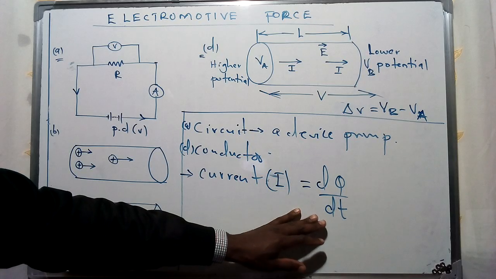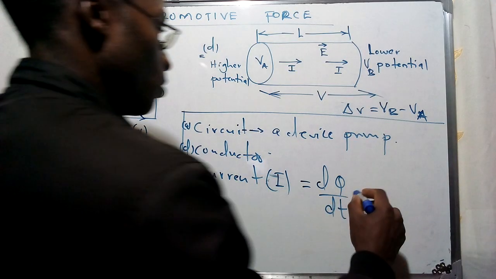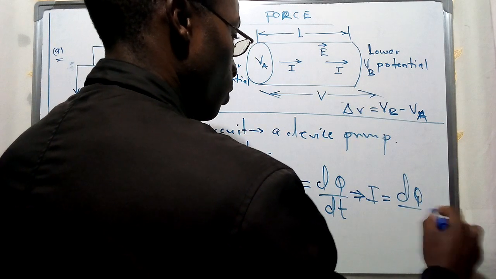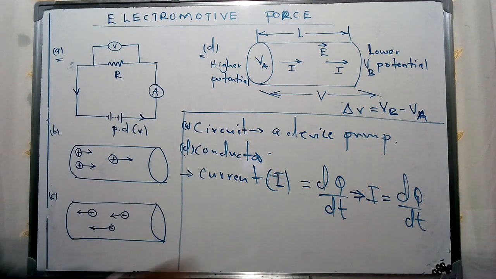So the current is equivalent to dq with respect to time. This is one of the definitions we come across from the illustration I've given above.